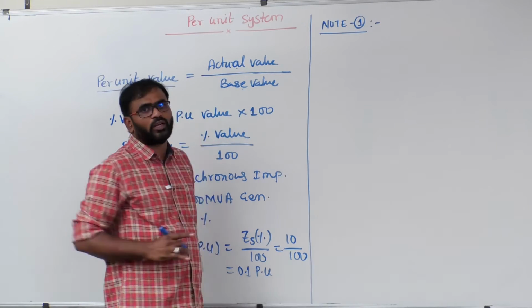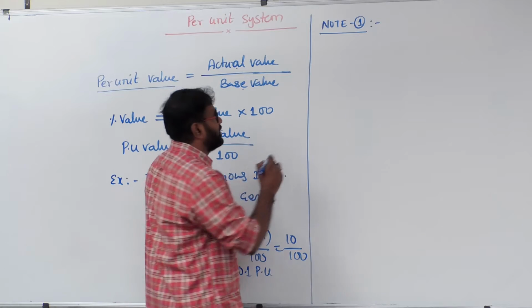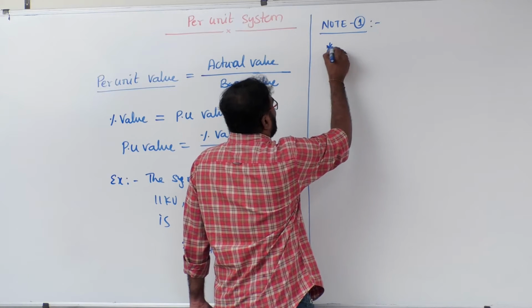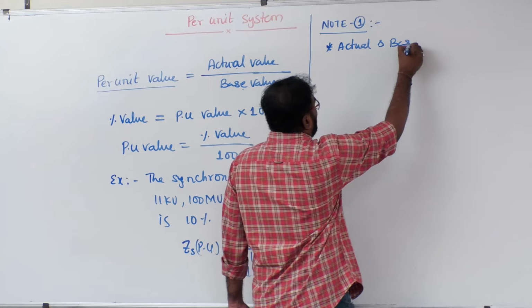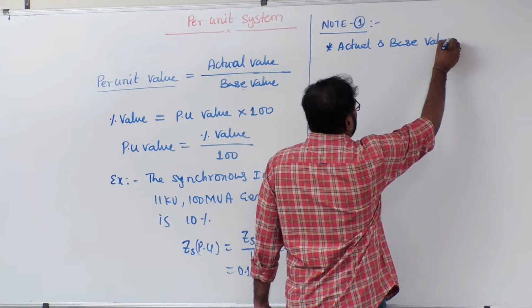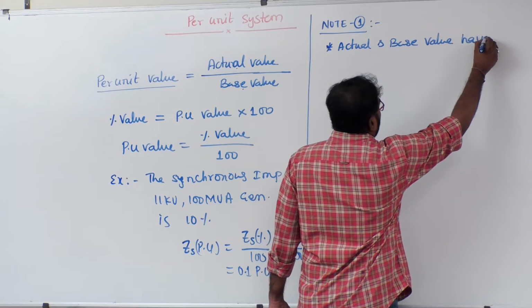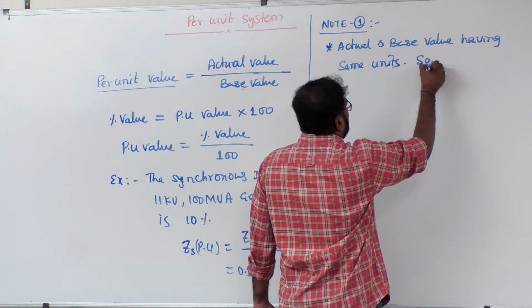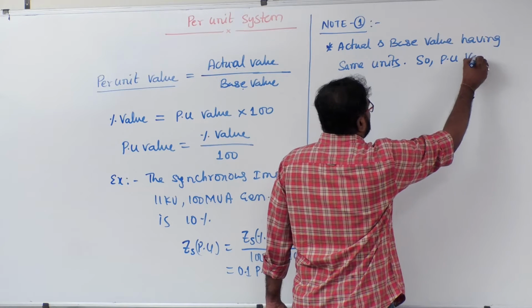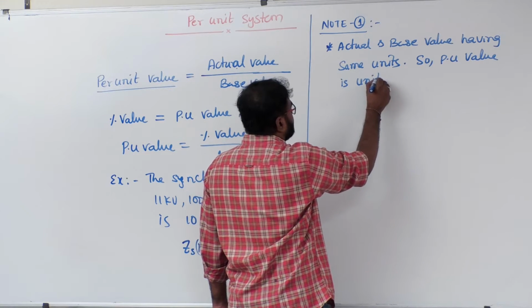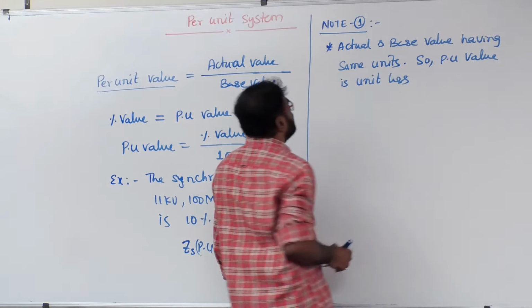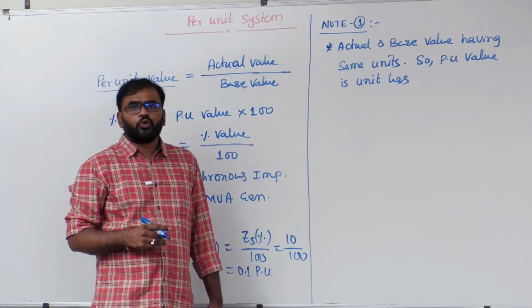Let me write here: actual value and base value having the same units, so per unit value is unitless.